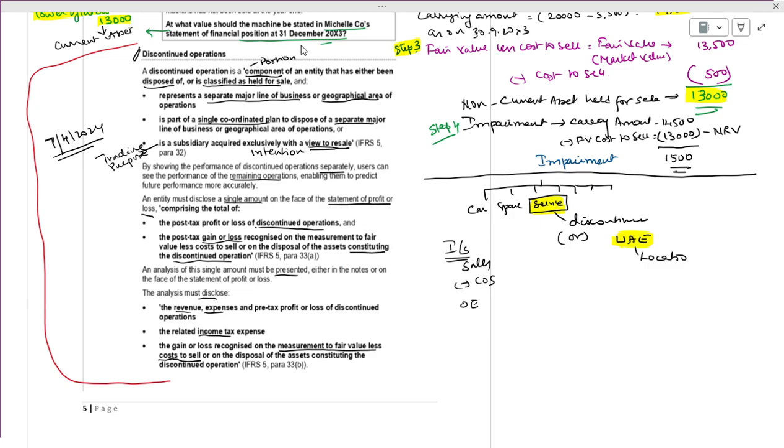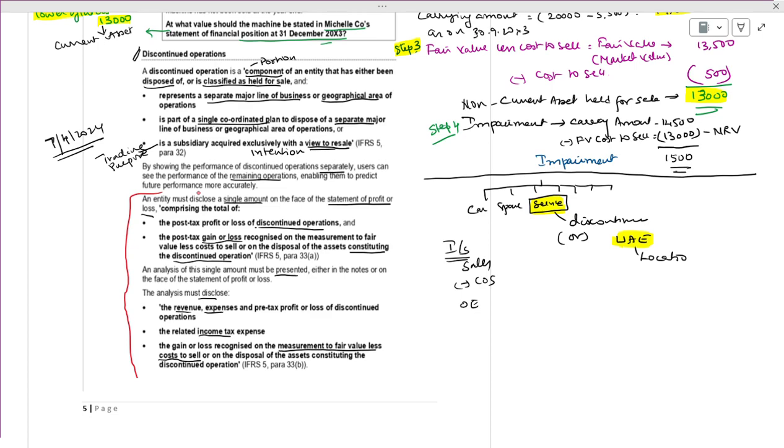An entity must disclose. Disclosure only we are talking about. By showing the performance of operations, the entity must disclose a single amount on the face of the profit and loss account: discontinued operations.